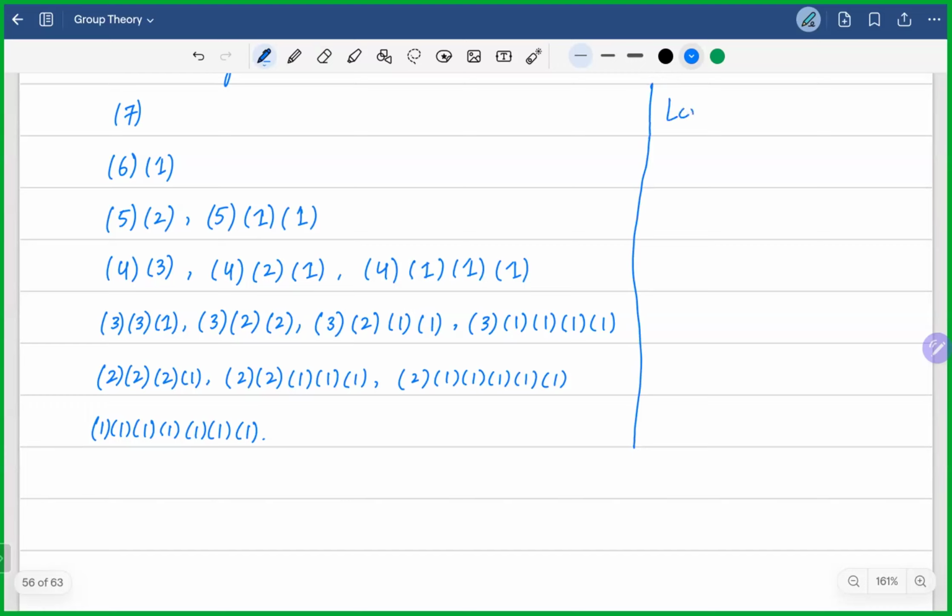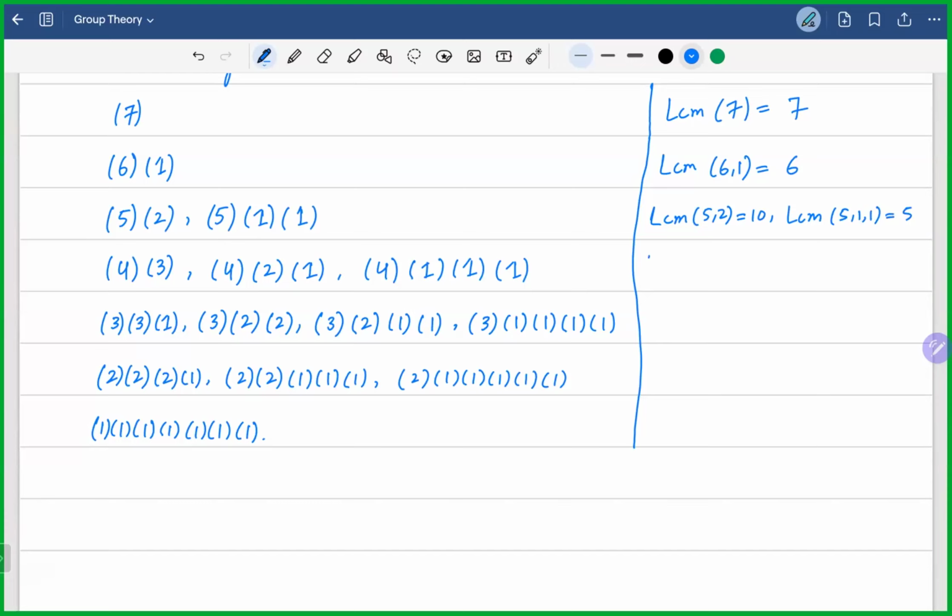So, LCM of 7 is 7. Then LCM of 6, 1 is 6. Then LCM of 5, 2 is 10. LCM of 5, 1, 1 is 5.